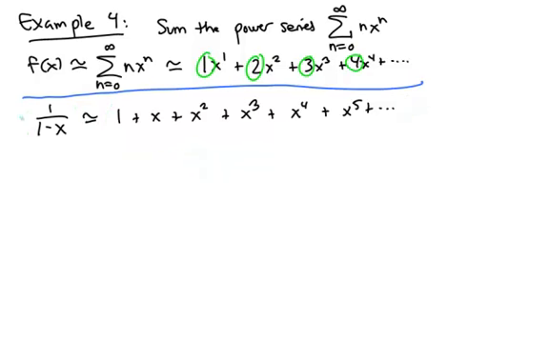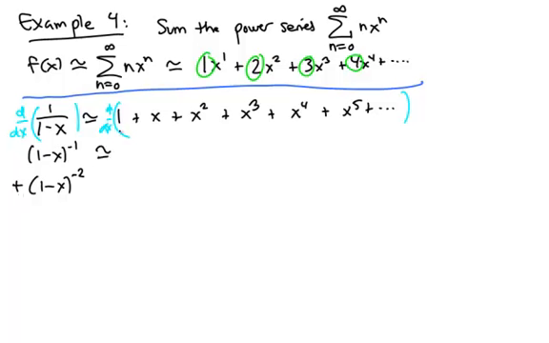But what if you tried to take a derivative on both sides? Now on the left-hand side, the derivative of this, well, let's see, we're going to prep it. It's 1 minus x to the minus 1, so the derivative will be negative 1 times 1 minus x to the negative 2 times the derivative of the inside, which is negative 1.